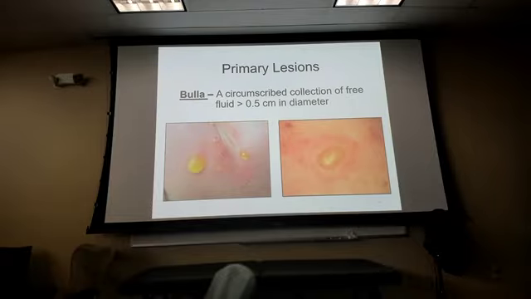The bulla looks like that stuff we saw on that linear area, right? Those are called bulla. It's a collection of free fluid greater than 0.5 centimeters in diameter, and one of the key components is that you can see the fluid inside of it. If we were to pop it, it would drain. So that's what a bulla is.